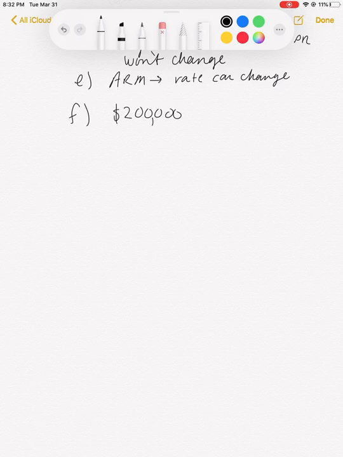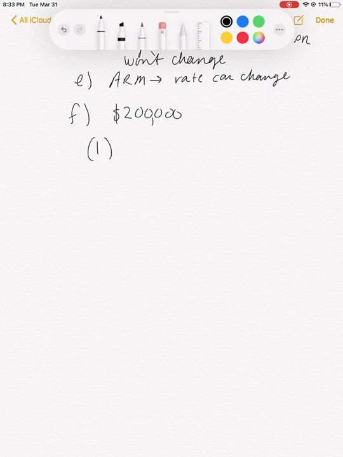Let's see what happens with each of those. A 30-year term will have a higher APR because, again, the bank is out your money, that amount of money, for that longer period of time. So they're going to charge you more.